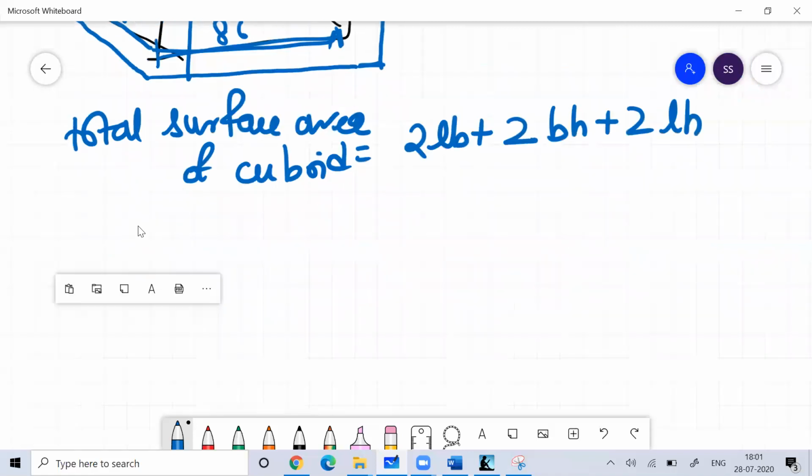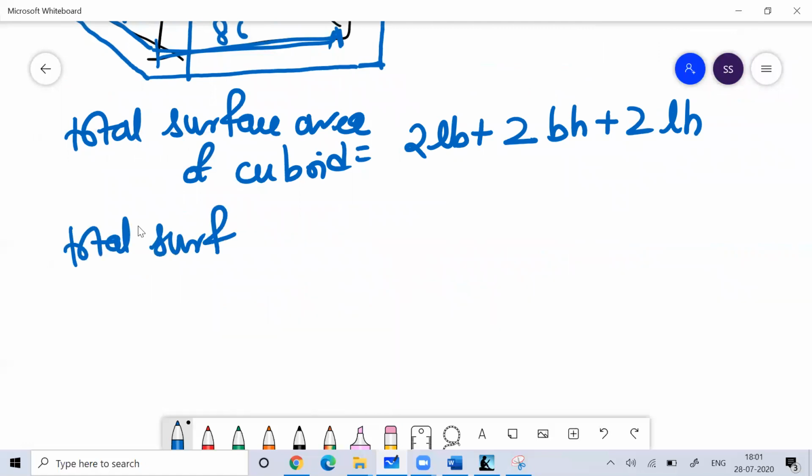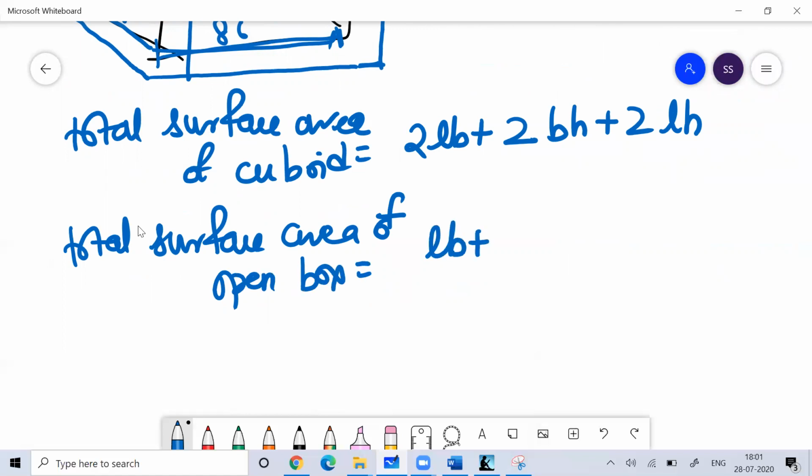So the total surface area of this open box would be L into B plus 2 into B into H plus 2 into L into H. Because at the bottom length into breadth is there, there's no ceiling, because it is an open box. You understand? Because it's an open box, there won't be any thickness.